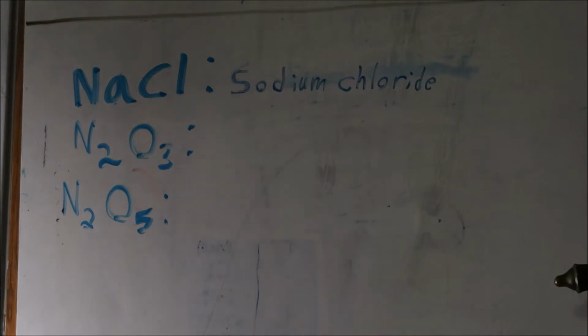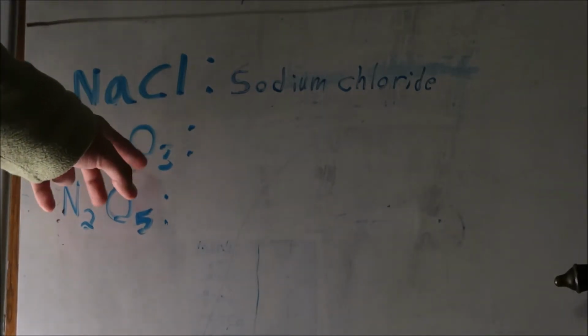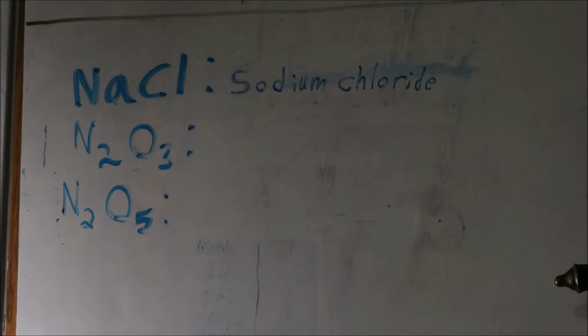Okay, this one's a little more complicated. This is actually a covalent compound since it's two nonmetals, it's two gases, nitrogen and oxygen. So, what do you think we should do? The first step is that we should look at how many atoms each element has. Since there's two, that's automatically di.